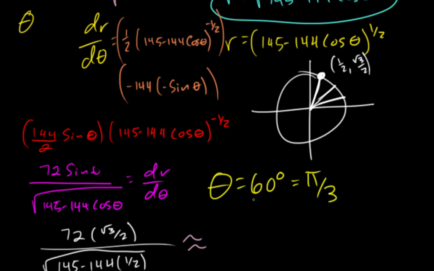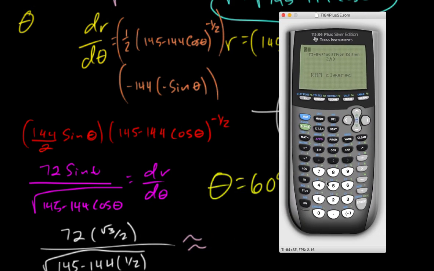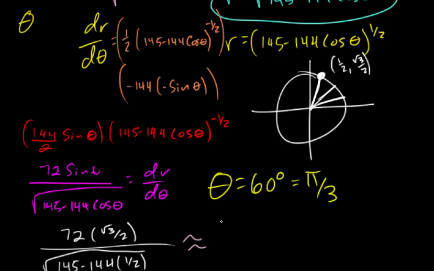let's actually do it together. We're going to have 72 times square root of 3 divided by 2. So the top is 62.4.